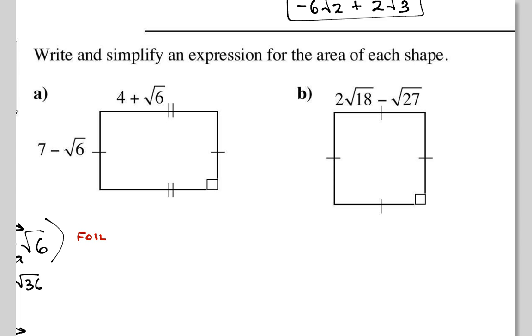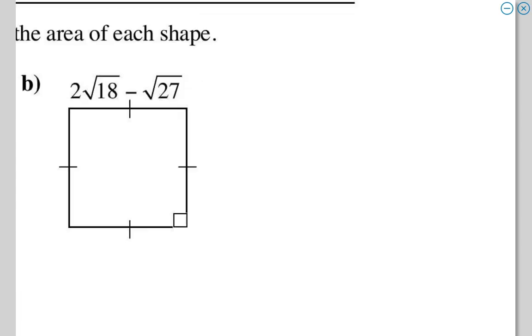Now, on the exam, they might give it to you like this: (2 root 18 minus root 27) squared. They might try to trick you a bit. What students want to do is just square each term and be done, but you can't do that.